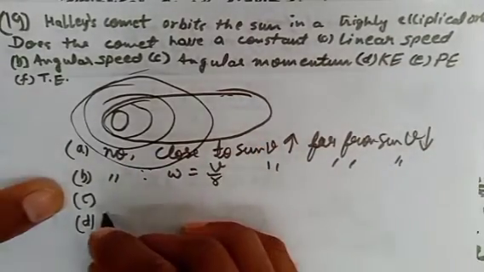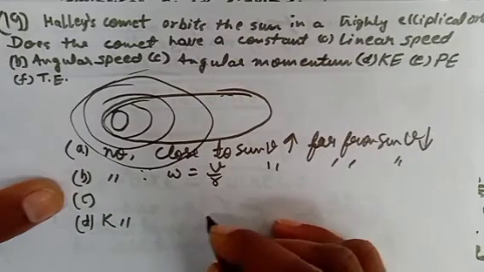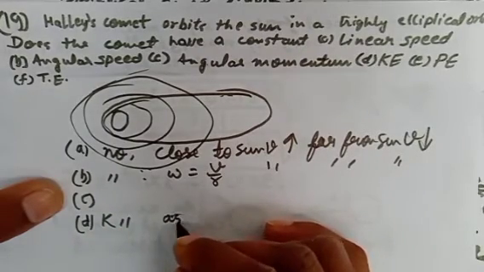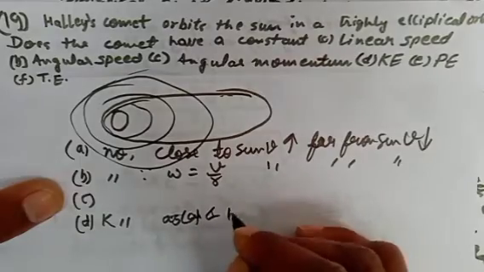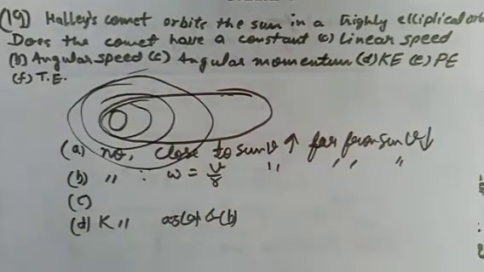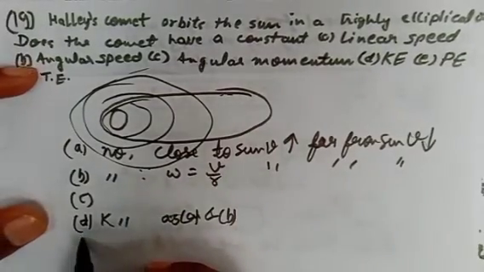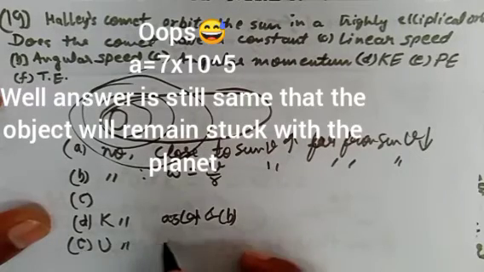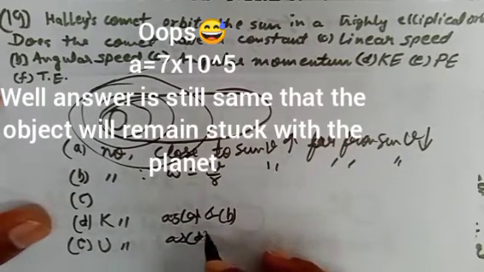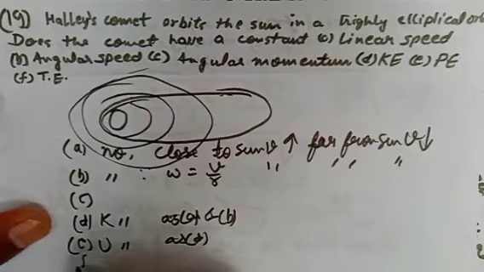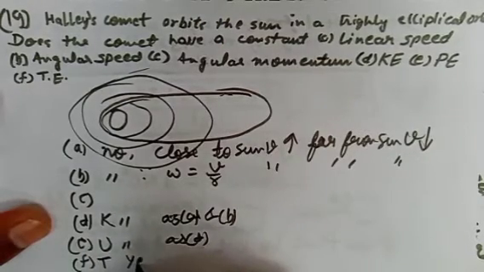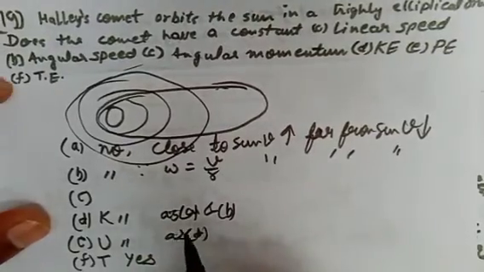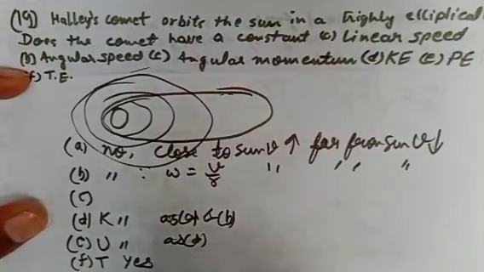D, kinetic energy, no, as velocity is not constant, that is why. Potential energy, no, as kinetic energy is not constant. F, total energy, yes, it is constant, because if one increases, the other decreases, and vice versa, but total energy remains constant.